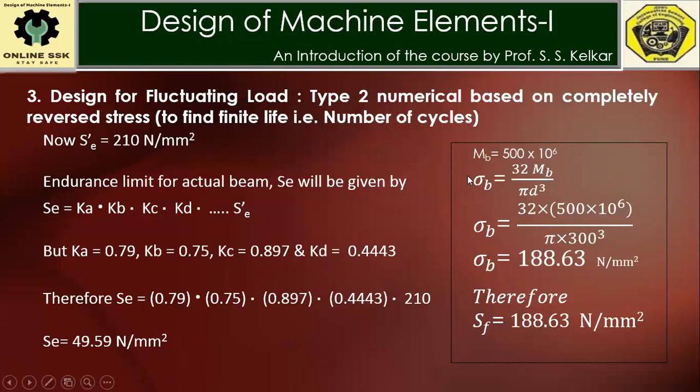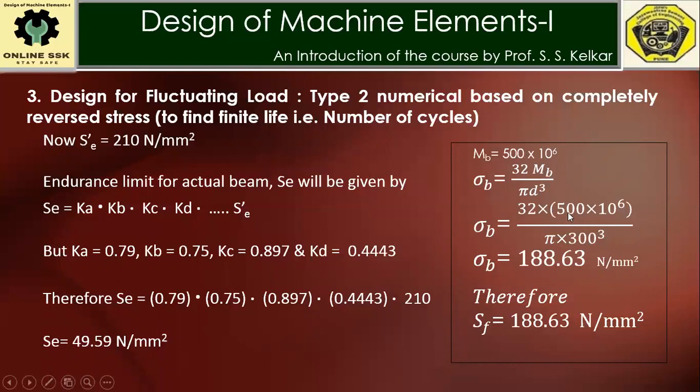Now in this case, Mb, the bending moment for the shaft, is specified as 500 into 10 raised to 6 Newton millimeter. Bending stress developed is completely reversed, of course, it is plus minus 500. So bending stress developed will be plus minus 32 times Mb upon pi d cube.